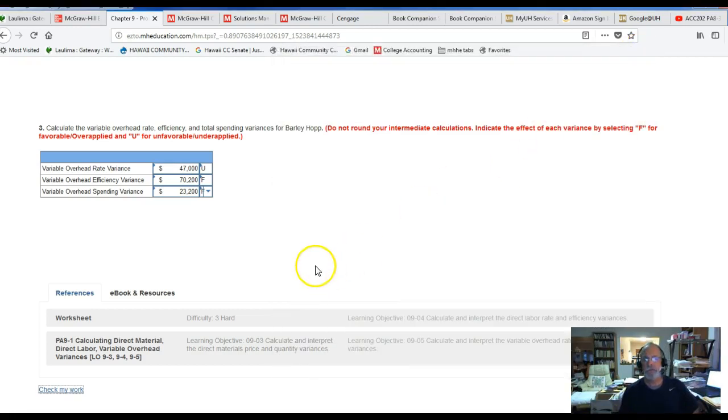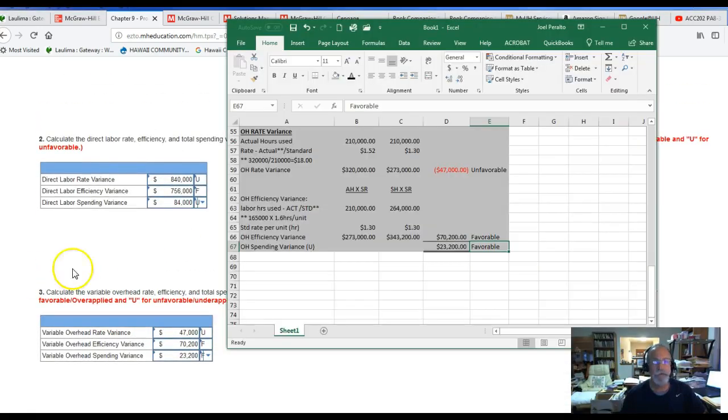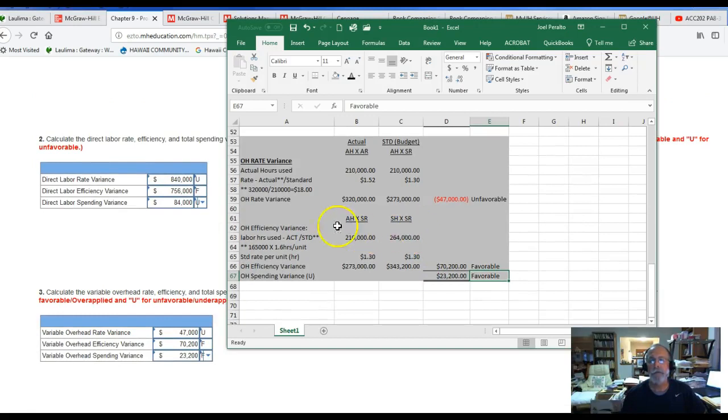Alright, so not quite as simple as it may seem, although you really have to follow these formulas in the text. Exhibits 9.6, 9.7, and 9.8 basically show you how to calculate these variances. Coming up with some of the information here is a little tricky.